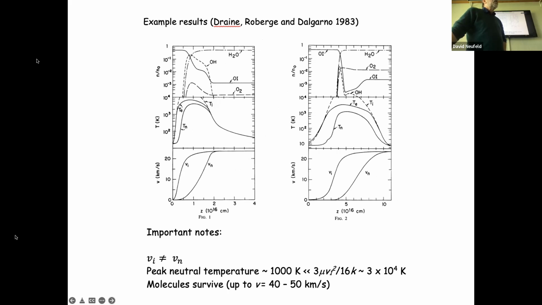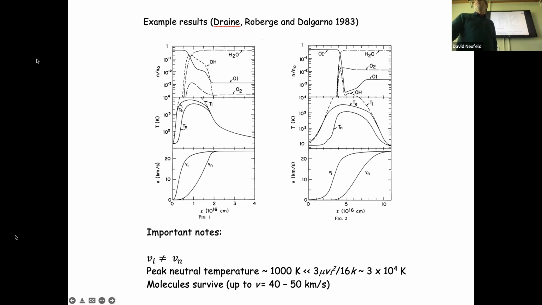If thermalization is fast. Yes, so I would call that coupling. If there's very strong coupling between the ions and the neutrals, then the velocities will be the same. So this length scale is basically inversely proportional to the degree to which the ions and neutrals are coupled.